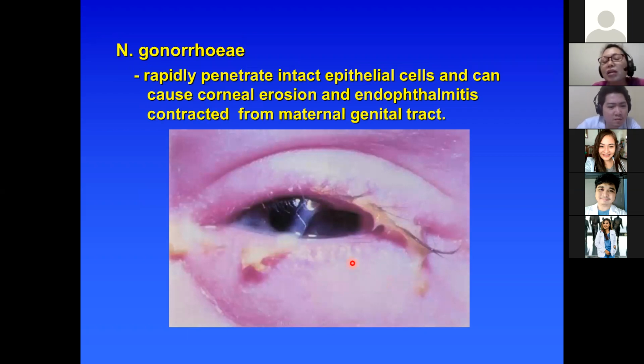Why is it that an ophthalmia neonatorum caused by Neisseria gonorrhoeae is an emergency? It could destroy the cornea.